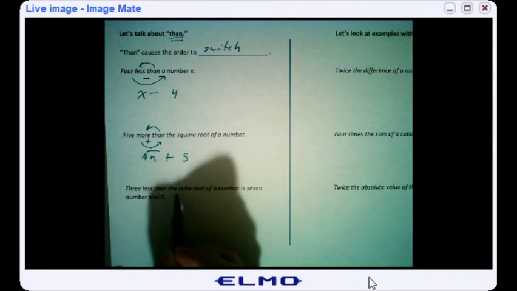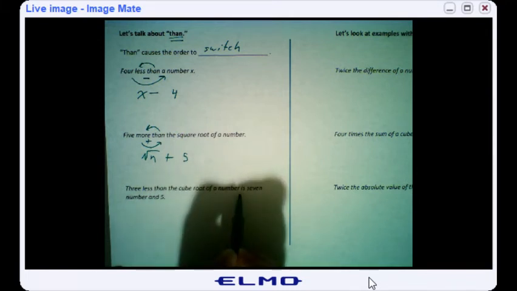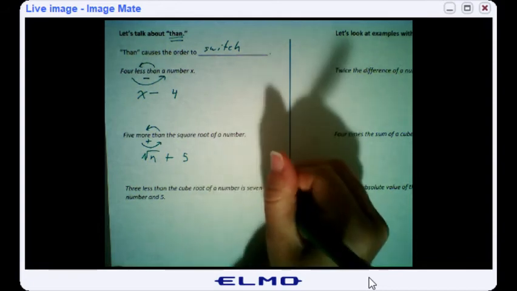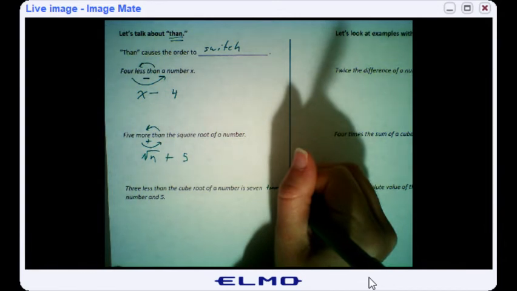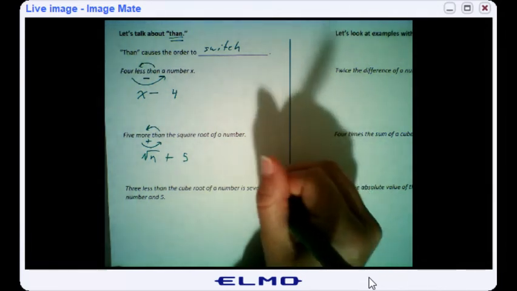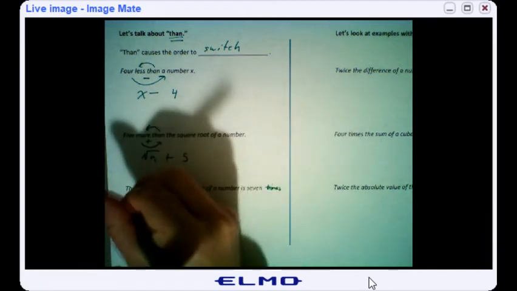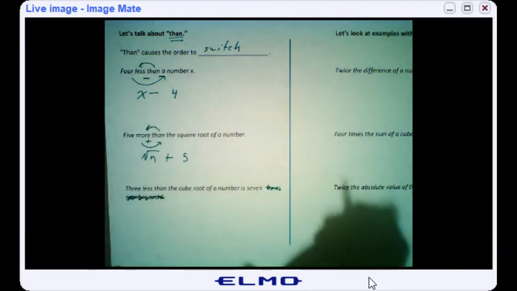3 less than the cube root of a number is 7. Oh, it's just supposed to be 7. That got added somehow.